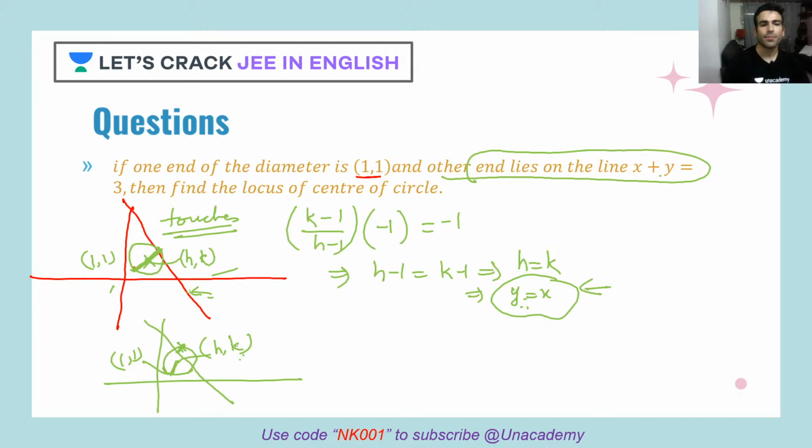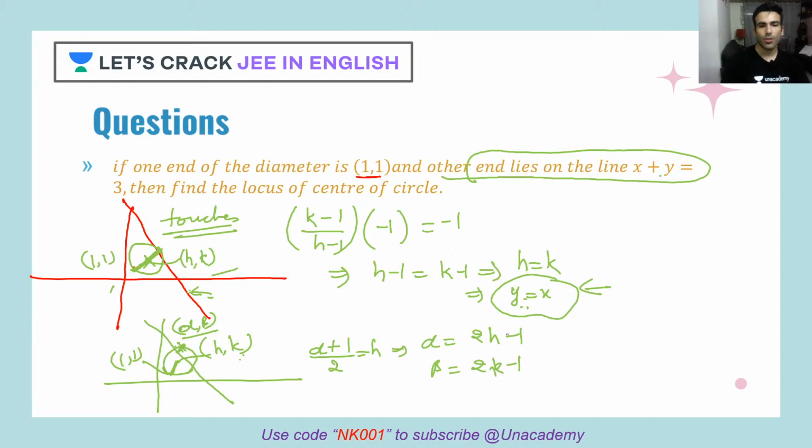So let's do that. Let's say these coordinates, which we don't know, are alpha and beta. Then I can directly say that alpha plus 1 by 2 will be h. My alpha will be twice of h minus 1, and similarly my beta will be twice of k minus 1.